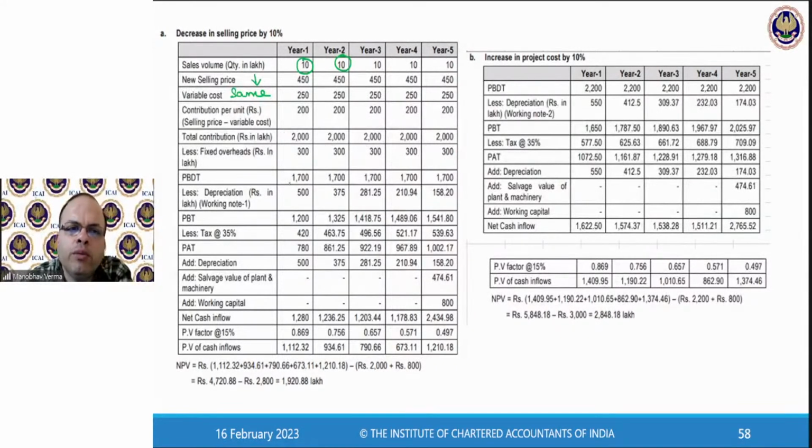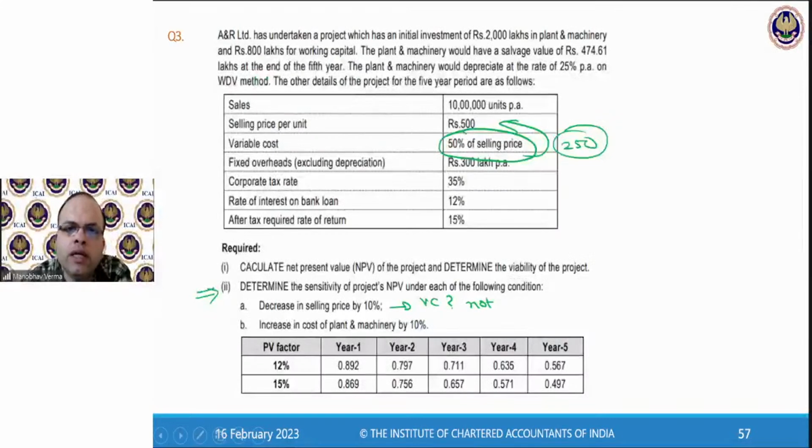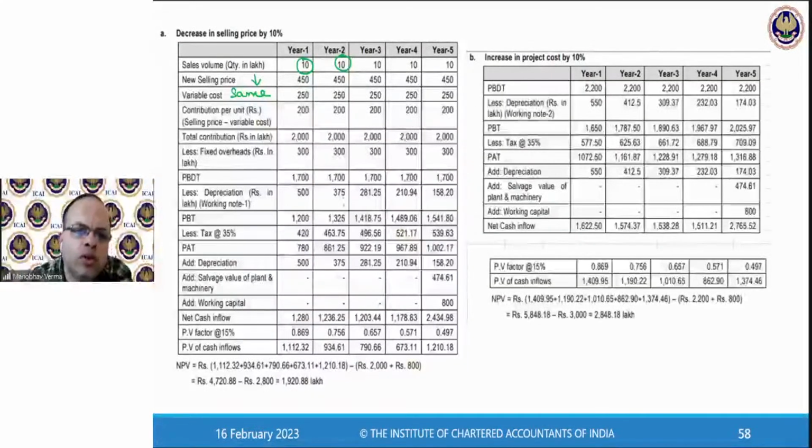And then we are talking about depreciation, tax saving. In terms of depreciation, we know that we are looking at the 25% on WDV. So 2000 is my investment value. So depreciation is on the WDV 500, 2000 to 25%, then 1500 to 25%, and so on.